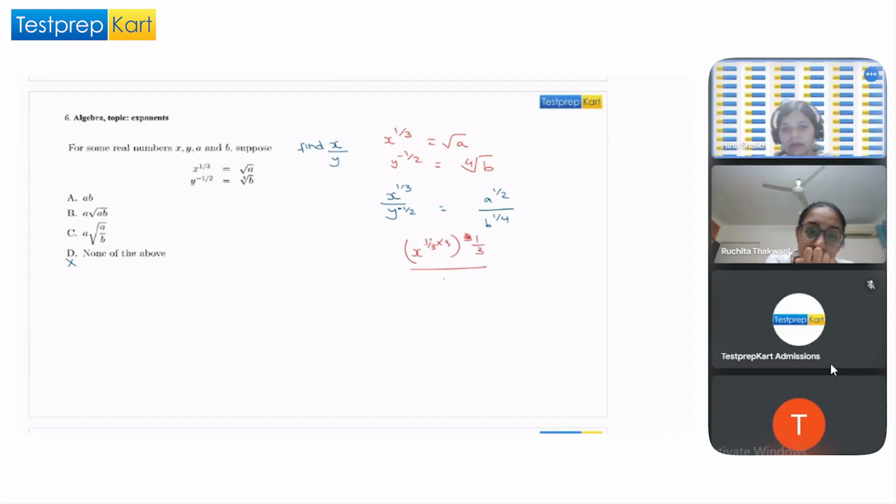Same way, this one is minus half. We'll multiply and then we divide it. So what will I get? But why are we doing that? Because we want the answer as x upon y. So to remove 1 by 3, if I multiply this, we get x.